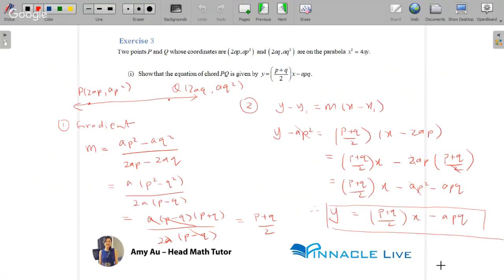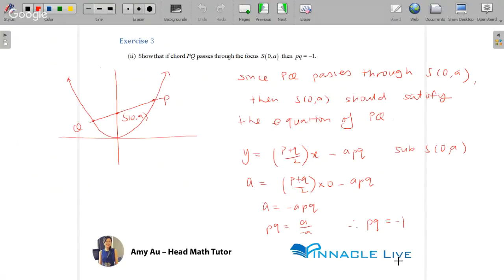Now, the second step is the specific condition of this question, that it's a focal chord, meaning it passes through the focus. So it should satisfy the equation of the chord. We sub straight in there, and you will be able to get pq is -1. And this is something you should probably remember. Very, very standard proof.